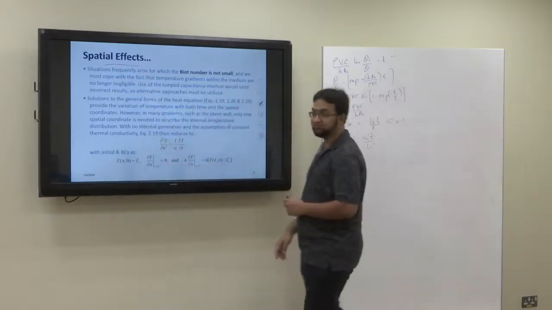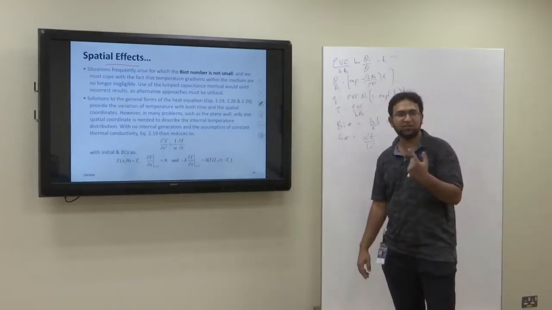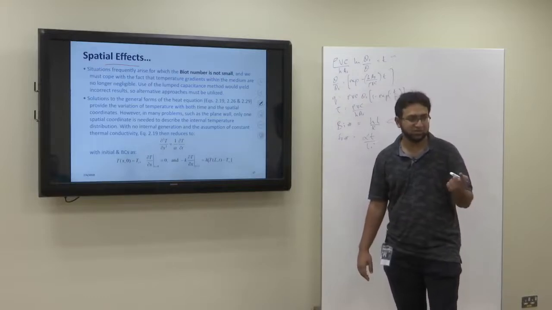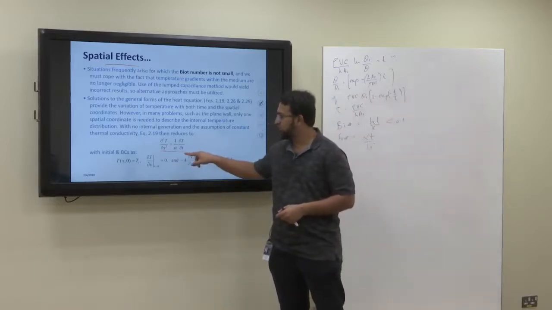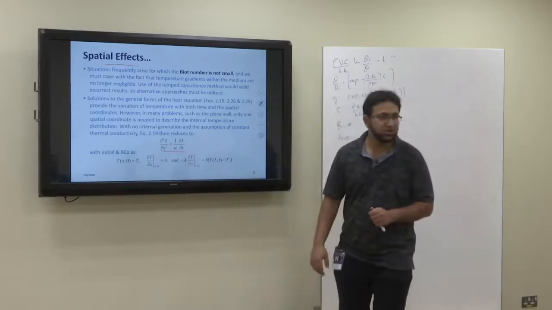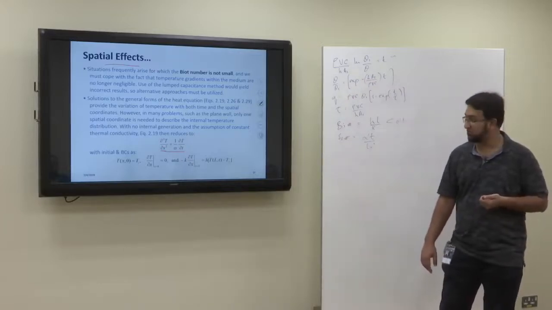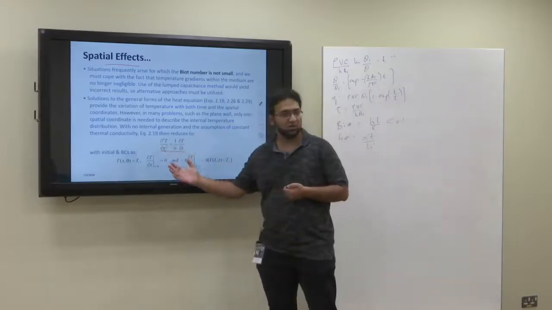Suppose it is a one-dimensional case, we try to simplify ourselves. It's not three-dimensional heat transfer, it's a one-dimensional case. So we have del squared T by del x squared equals 1 upon alpha del T by del t. This will be there if we simplify the heat diffusion equation.